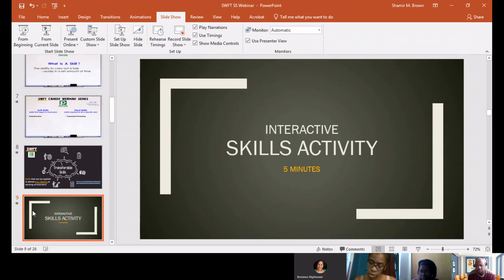Time-wise, we have about 4:33 here, so we'll shoot for 4:38 and resume from there.